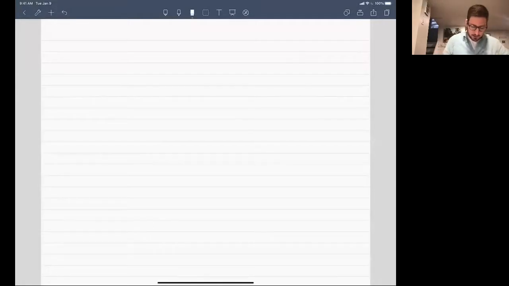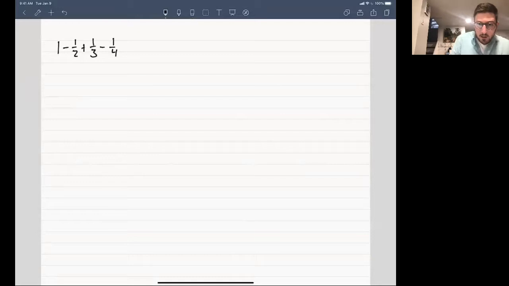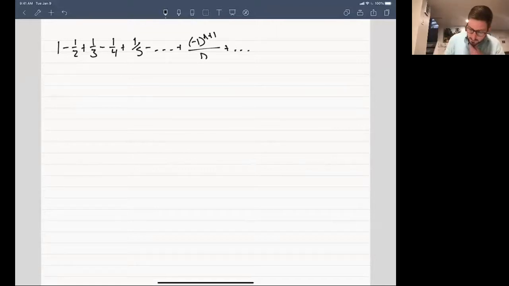So the alternating harmonic series is given like this: 1 minus 1/2 plus 1/3 minus 1/4 plus 1/5 and so on. And so the general term here is (-1)^(n+1) divided by n. So this is the alternating harmonic series.